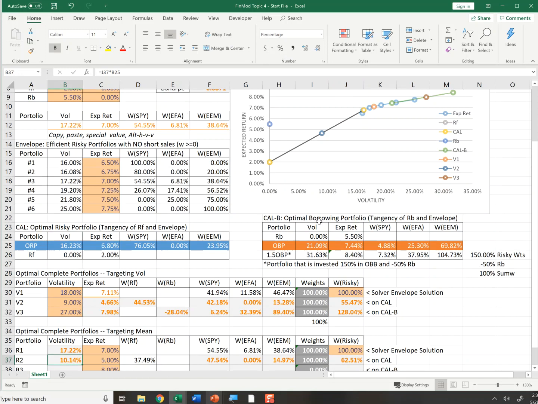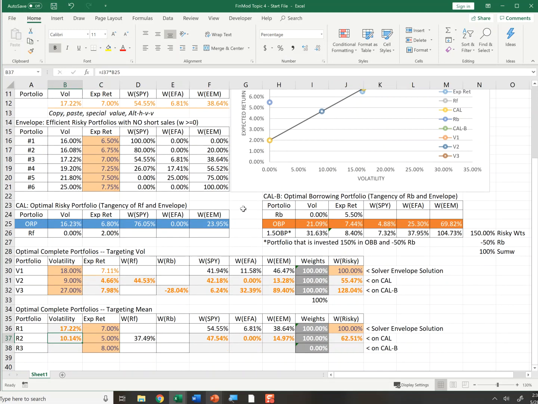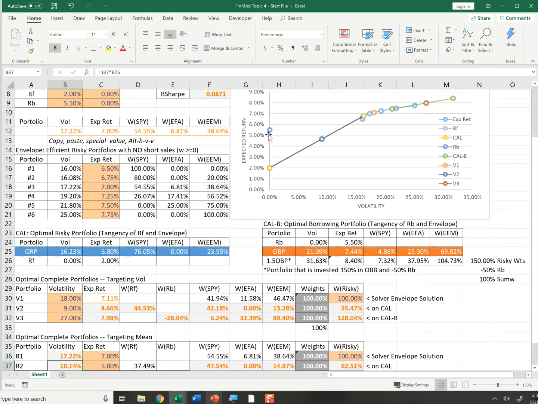Last one, and again, that point would be, if I come across from 5%, that point should be right around here, which is about 10%.